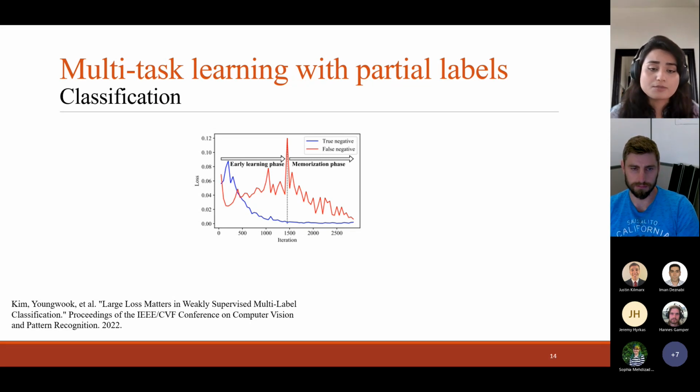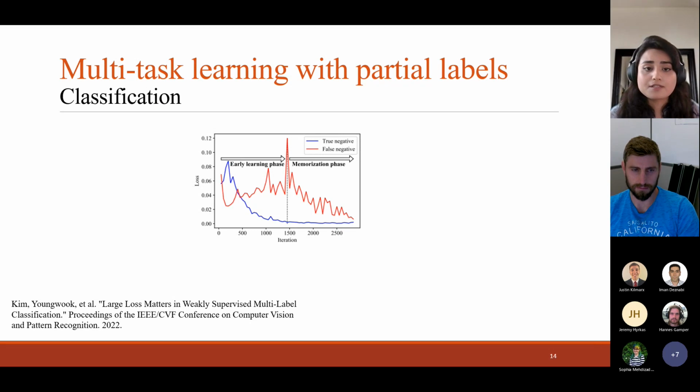Trimming is important because these pseudo labels can be noisy. It's shown in the literature that the model has two phases. First, it learns the true labels in the early learning phase, but after that, it starts to memorize the noisy labels and overfit to them.